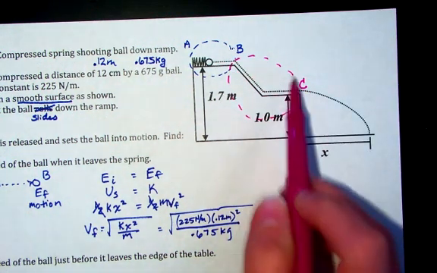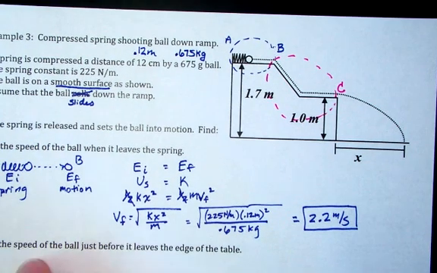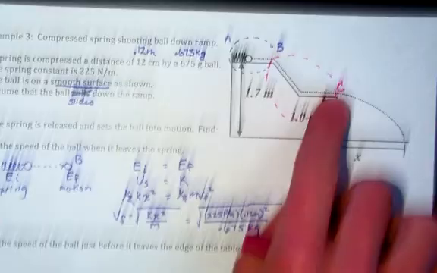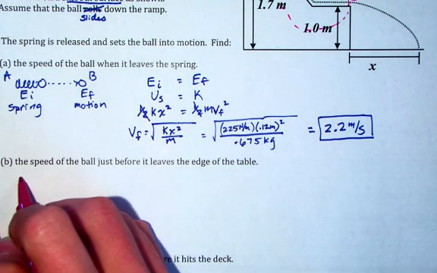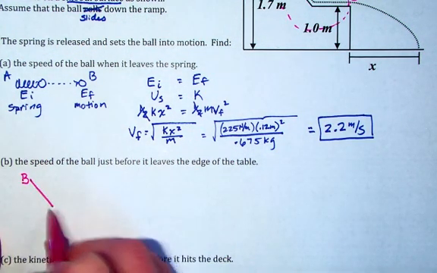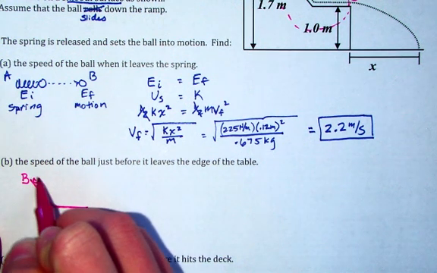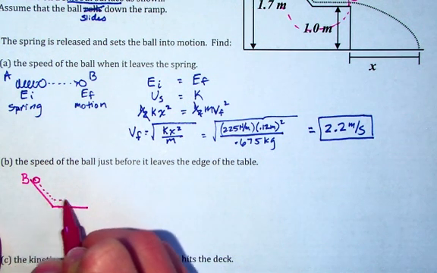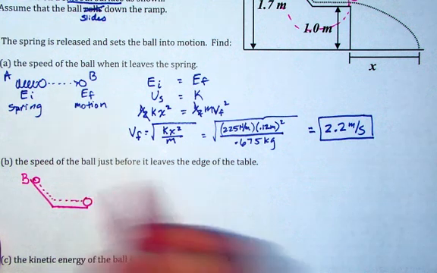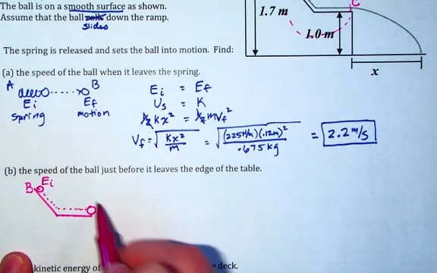I'm isolating the system in order that I can just solve for the speed of the ball right here. So what that looks like is this is B, and then this is at an angle here, and then we come to a flat surface. So my ball is right here, and it's going to come down, it's going to come over here, and this will be my initial energy and my final energy.